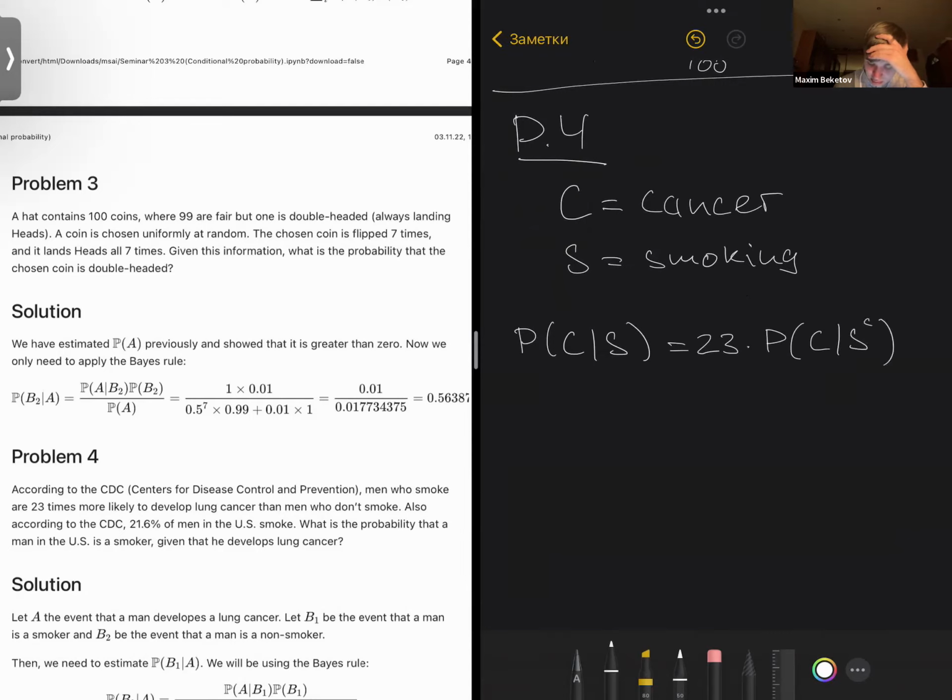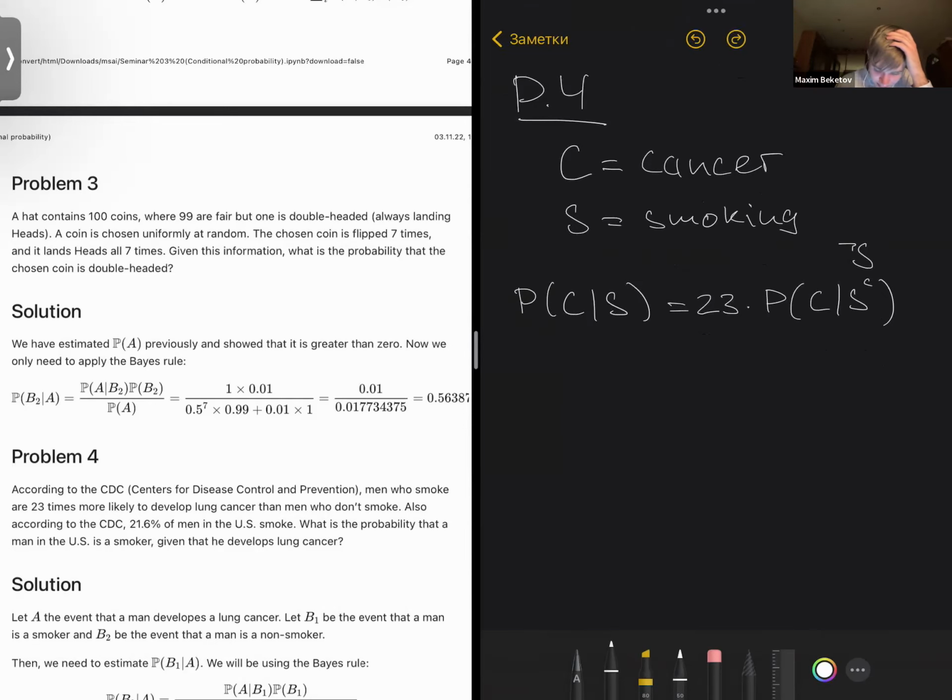We can also write not smoking, but in the lecture slides I have this notation, complement for S. And also we know the following.